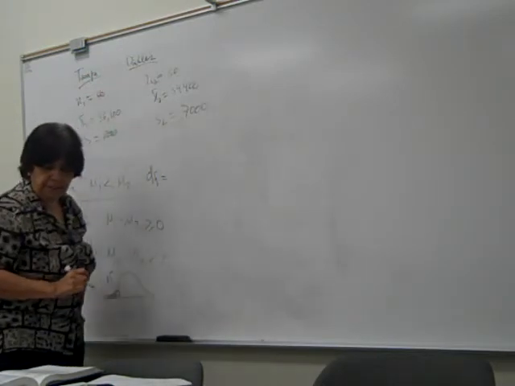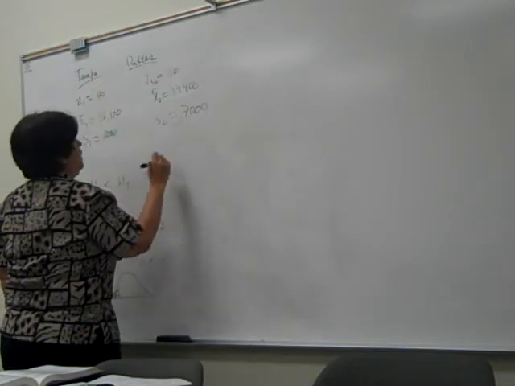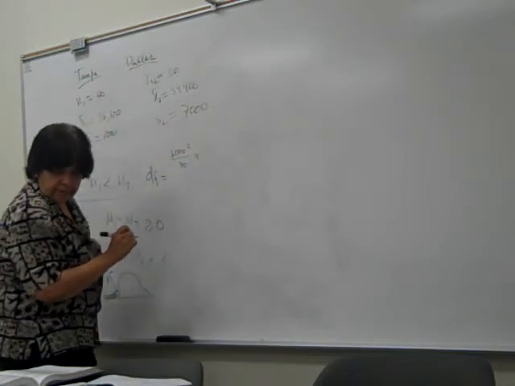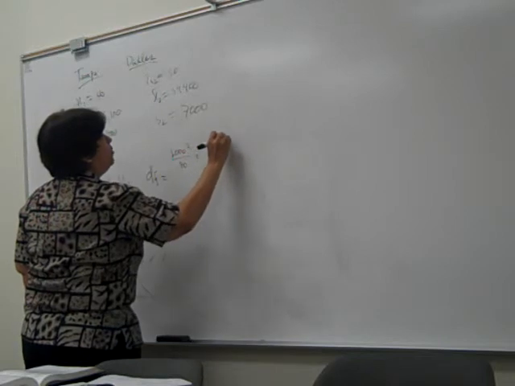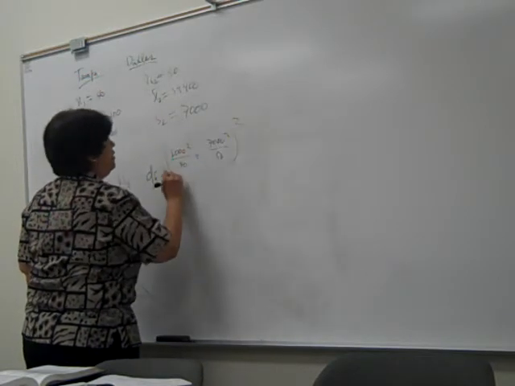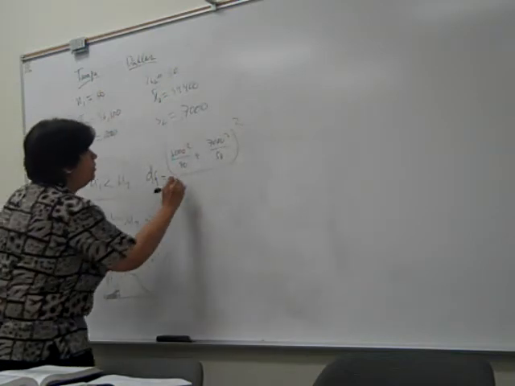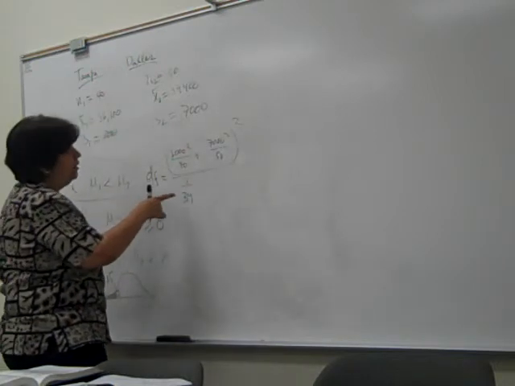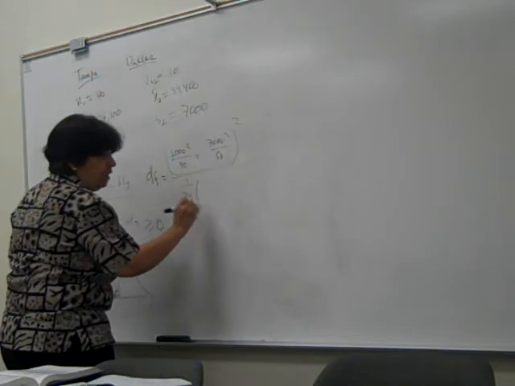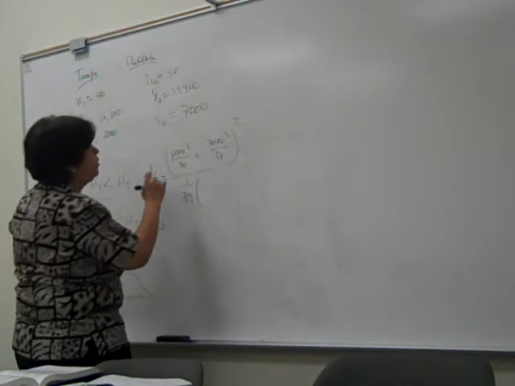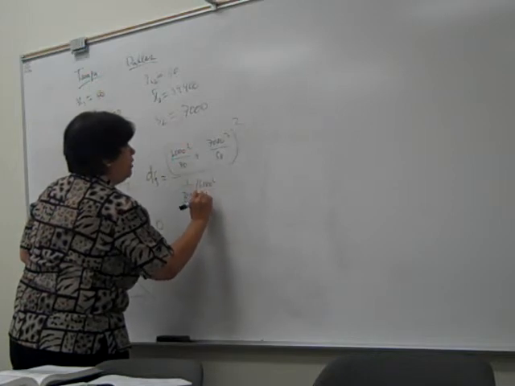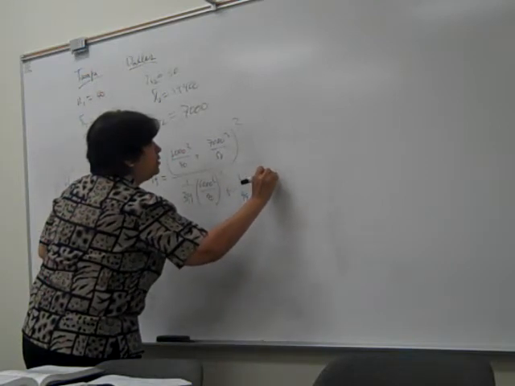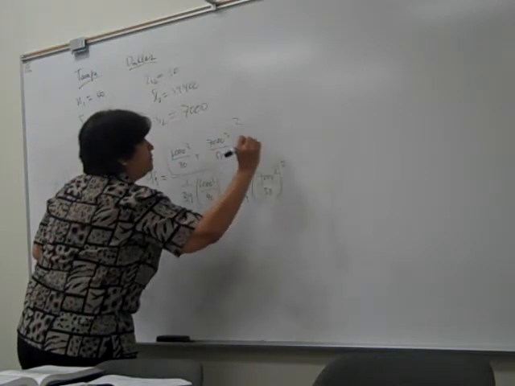So the degrees of freedom is S1 squared divided by n1, which is 6,000 squared divided by 40, plus 7,000 squared divided by 50, everything squared, divided by 1 over 39 (because it's 1 over n1 minus 1, and n1 is equal to 40) times 6,000 squared divided by 40 squared, plus 1 over 49 times 7,000 squared divided by 50 squared.